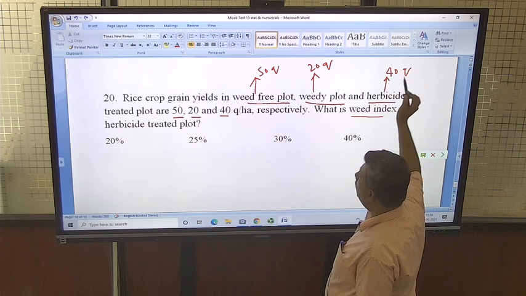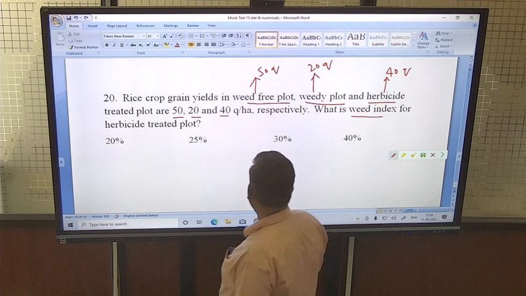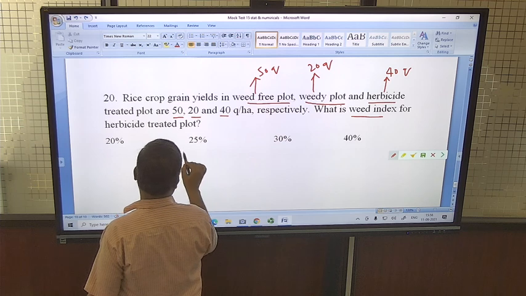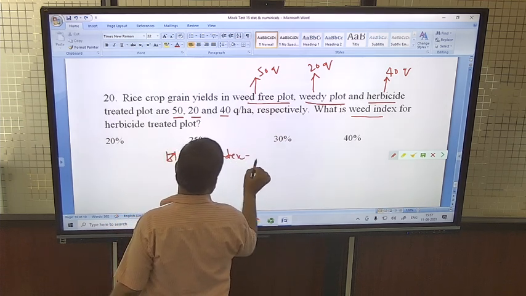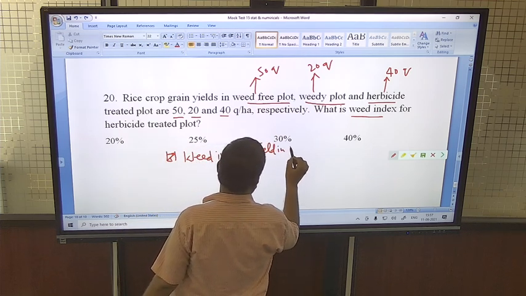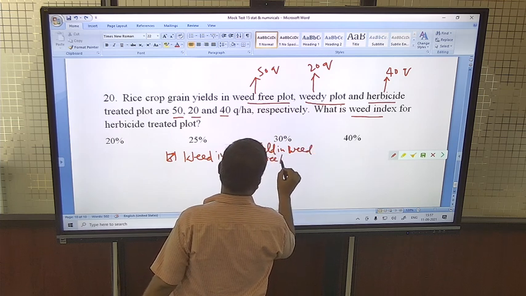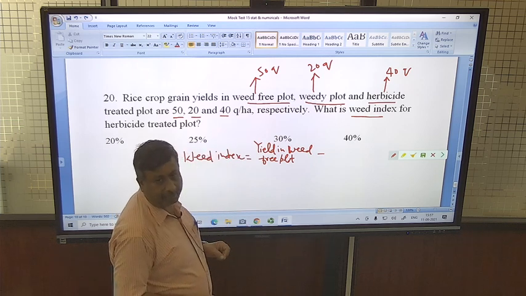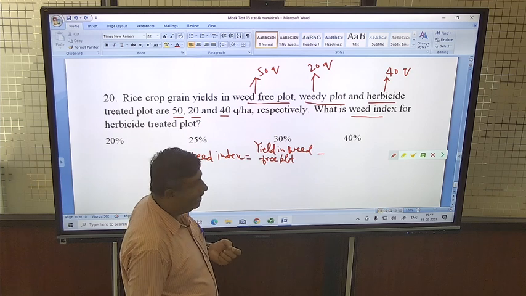This question is totally based on a formula, and the formula is weed index is equal to yield in weed free plot minus yield in the treated plot for which we want to calculate the weed index.